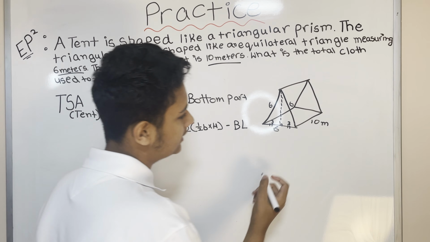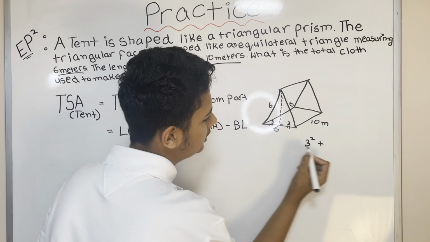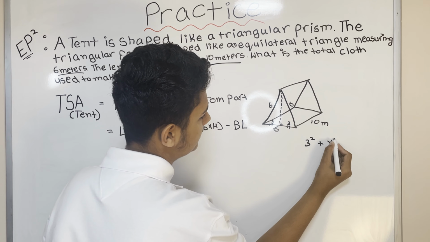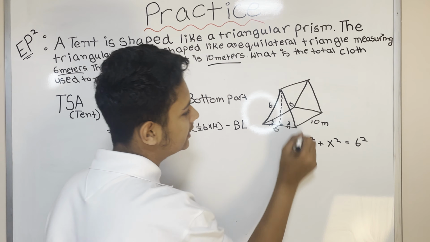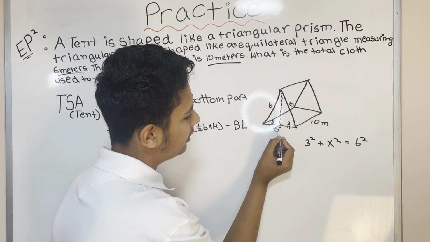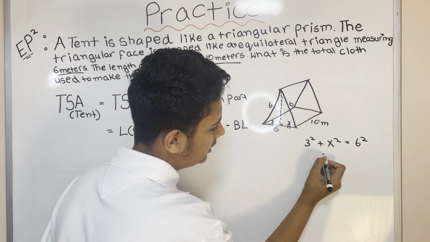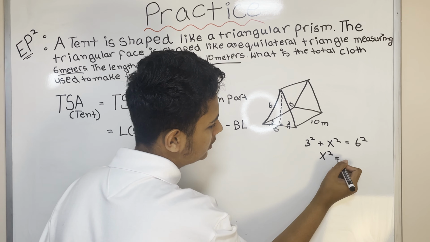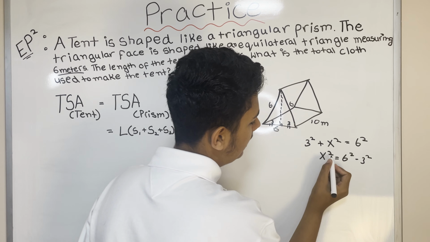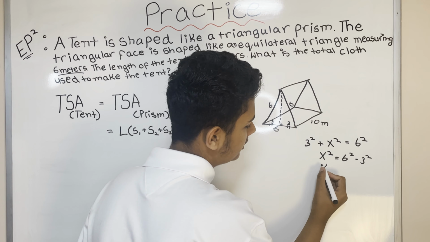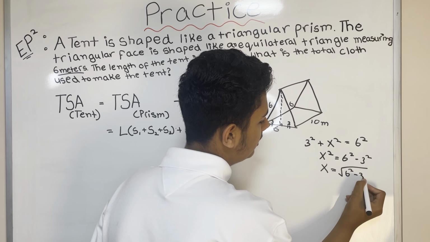So for that, let's see. Our leg is 3, so 3 squared plus, let's say, x squared equals 6 squared, because 6 is our hypotenuse in this right angle triangle. Moving this to the other side, x squared equals 6 squared minus 3 squared, and removing the square, x is the square root of 6 squared minus 3 squared.